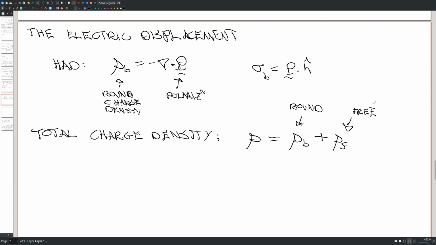So the idea is that you're doing your experiment, you've got your chunk of material, you put electrical fields in there, it polarizes, and then on top of that, you come with your charges, you add charge into that. The total charge density that you have has these two different origins. The bound charge, which is inherently some microscopic movement of the constituents of your piece of matter, and then all the rest that you throw at it, that you will call the free charge.